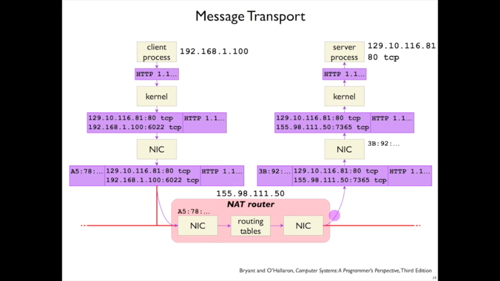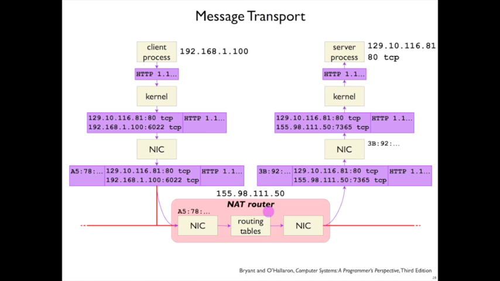Because from outside of the house, this address is not the real address to get back. Instead, your home's router, say your cable modem or something like that, has a particular address to the outside world. So routers often manipulate this packet information to change the headers so that when the server wants to respond, it knows to respond to that particular machine, which goes back to the NAT router.